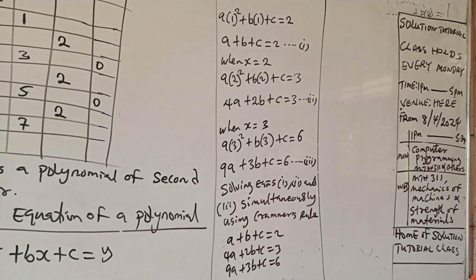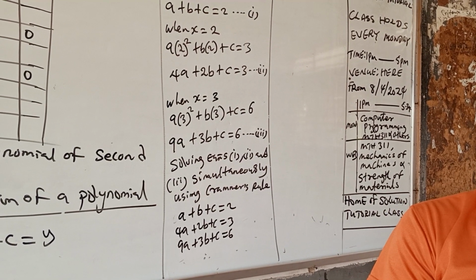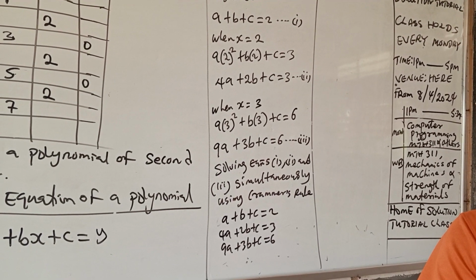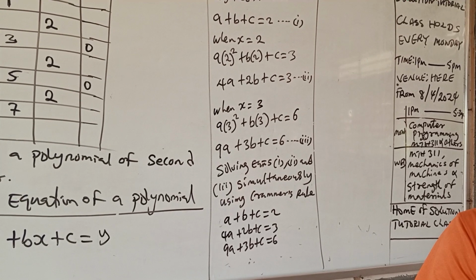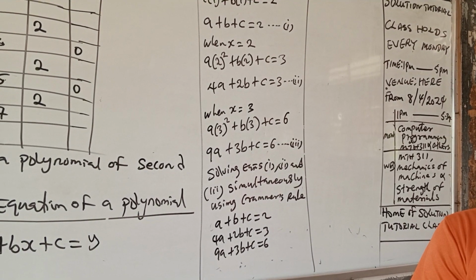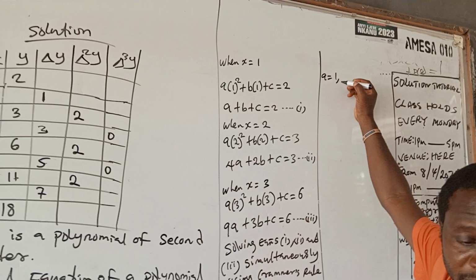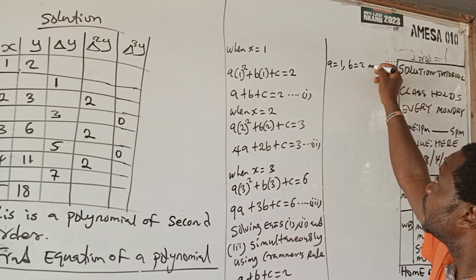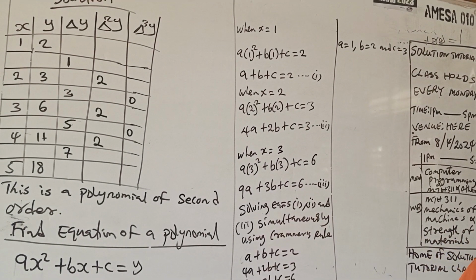We have solved it before, so the answers you will have will be: A will give you 1, B will give you 2, and C will give you 3.